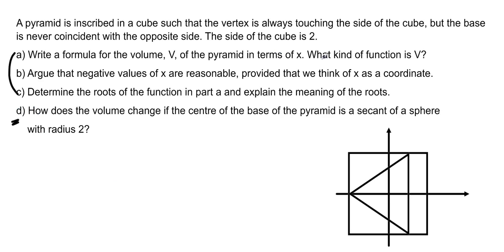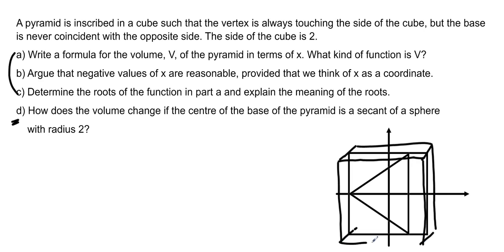A pyramid is inscribed in a cube. It's actually really hard for me to draw the cube. So this is the cross section, and if we draw the cube, it looks something like this. Then we extend our lines, and we get this cube on the outside, and you can see the pyramid on the inside.